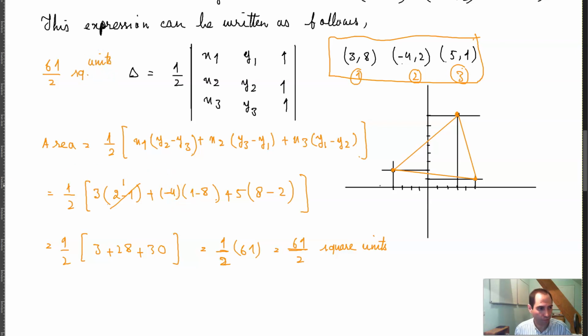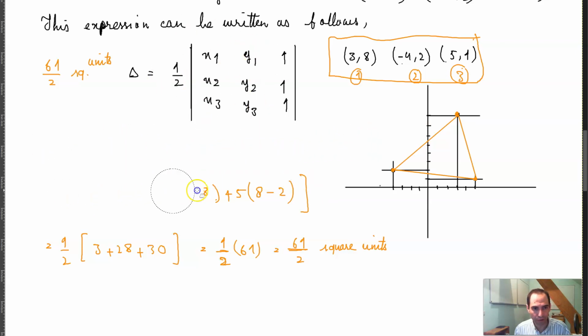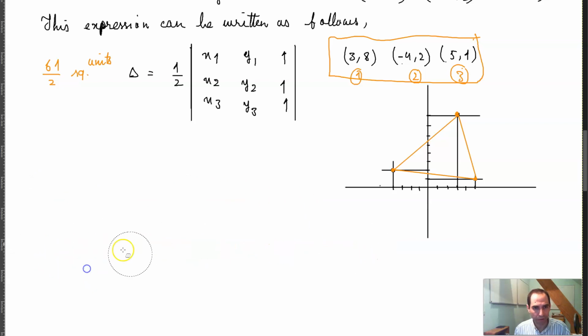Now let's use the determinant, and see what we get with the determinant. So using the determinant, I would have to expand this determinant as delta is equal to 1/2 times this determinant.